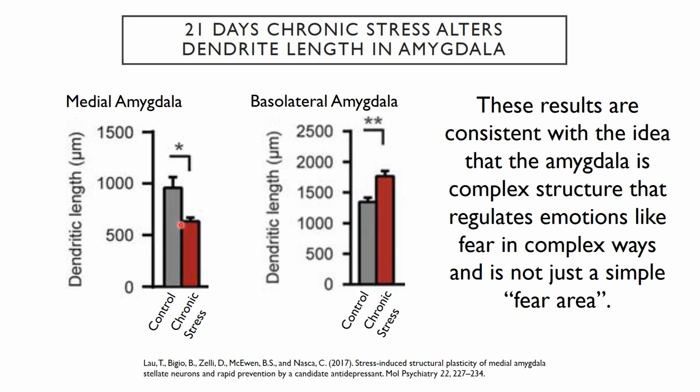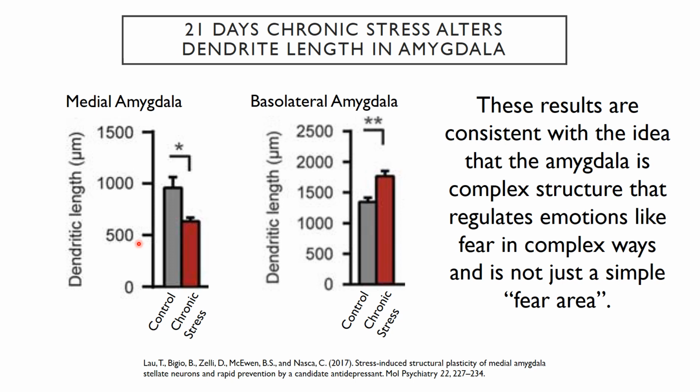So it really is consistent with the idea that the amygdala is a very complex structure that regulates emotion and fear in complex ways, and is not just a simple fear area where you're just going to have increased activity, more fear. It doesn't work that way. It's actually really complex on the inside of the amygdala.